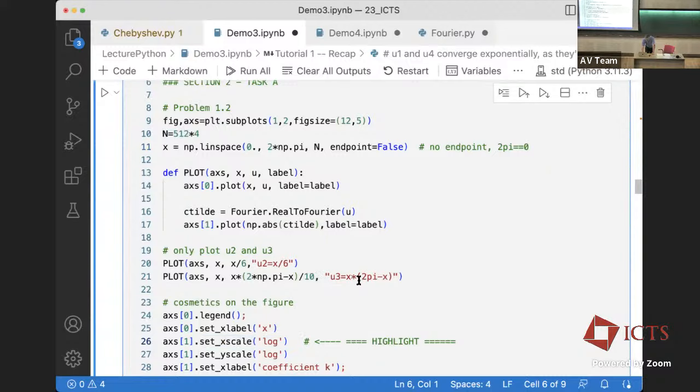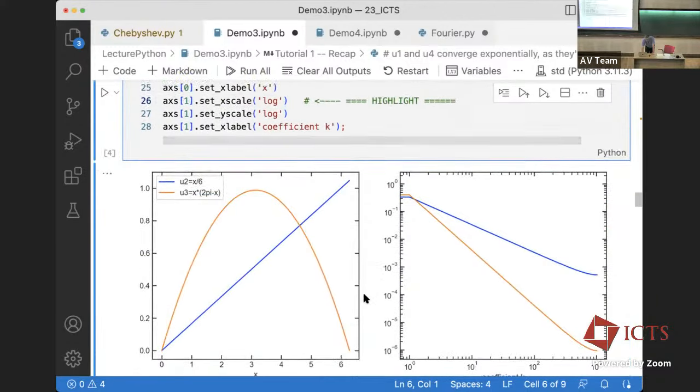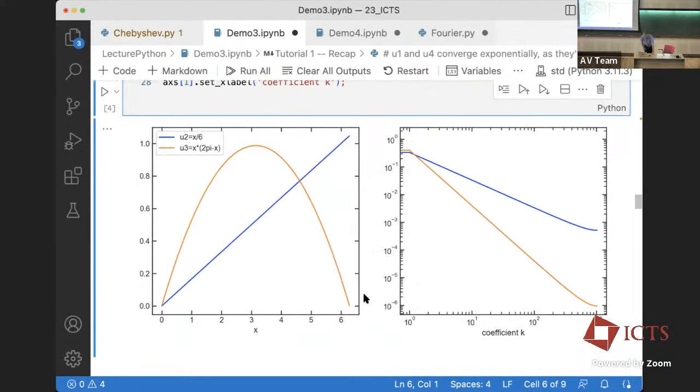And I'm only plotting U2 and U3, the two nasty ones, to illustrate better what's going on here. So, same plot as before. On the left-hand side are the two functions. On the right-hand side are their Fourier coefficients as a function of the coefficient number, but now a log-log plot.